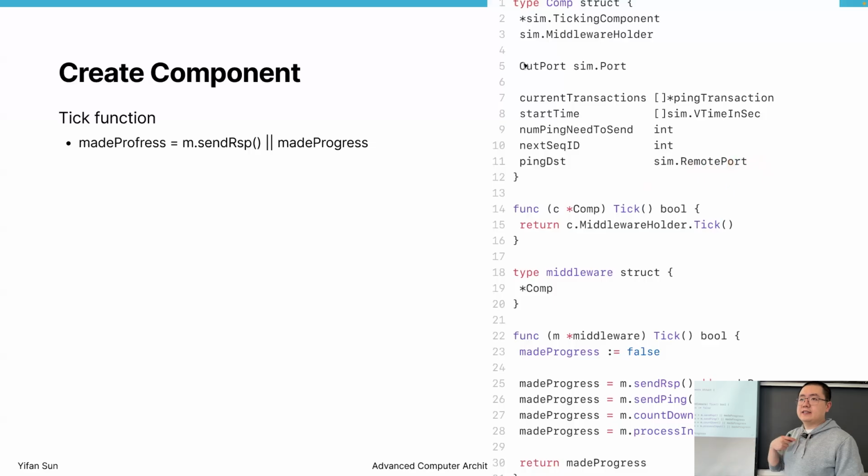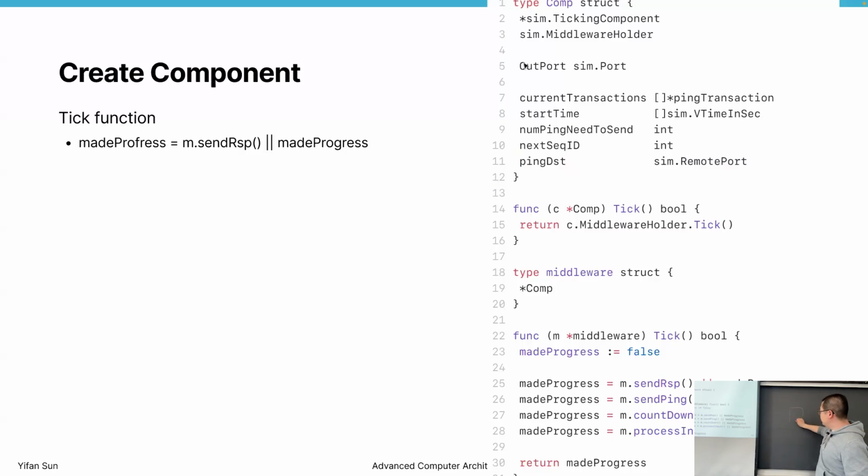In V3, we have this one just simply as sim.port. Then many people, even very experienced people, try to initialize this ping destination port as part of the component itself.